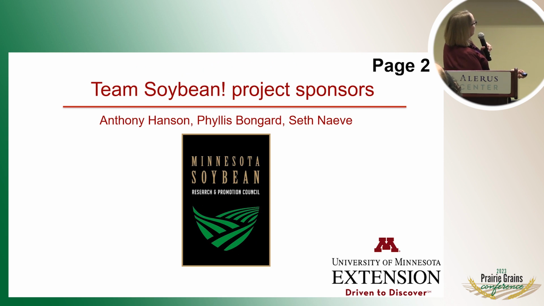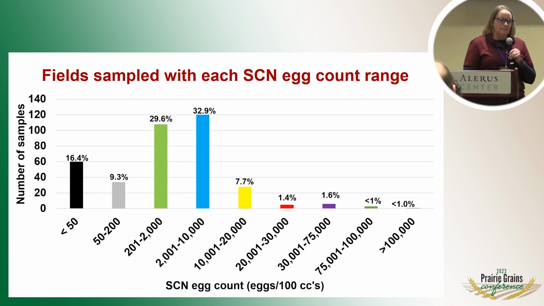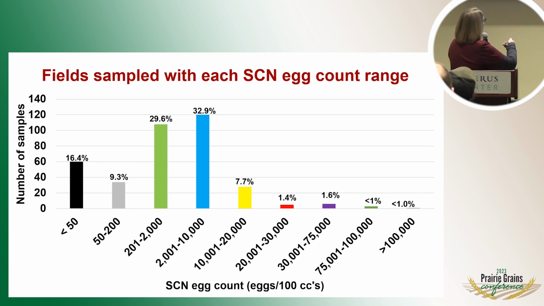In the interest of time, I'm going to breeze through. We have some SCN data to share with you. So far, from 2023, 365 samples have been processed, and here's the way that they fall out. At this population density, you can't plant a susceptible variety and expect to not get yield loss, but 33% of samples fell into this egg count category.